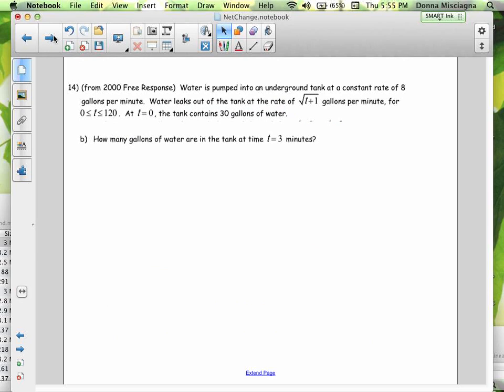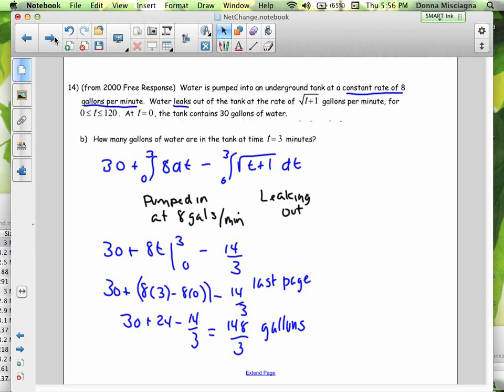How many gallons of water are in the tank at time t equals 3 minutes? So now we've got the leaking and the coming in. We have several things here, and we have the starting amount in the tank, so we want to know how many gallons are in.